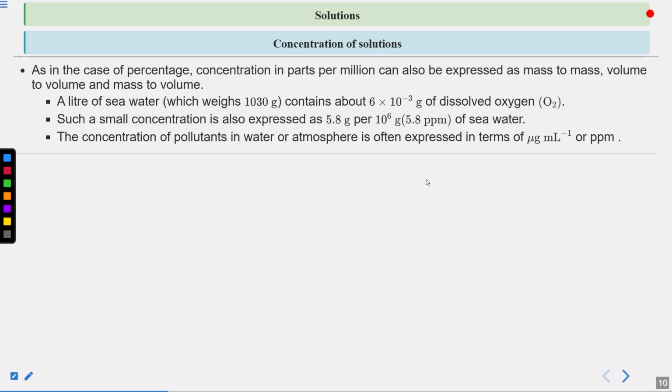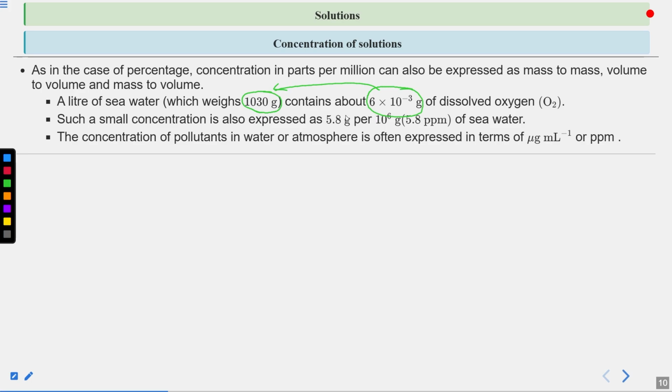Now, let us take an example of that. So here is an example. If you take 1 liter of seawater whose weight is 1030 gram, it contains only 6 into 10 to the power minus 3 gram of oxygen. Now this amount is very less as compared to your initial water amount. Now it makes it very difficult to remember this value.